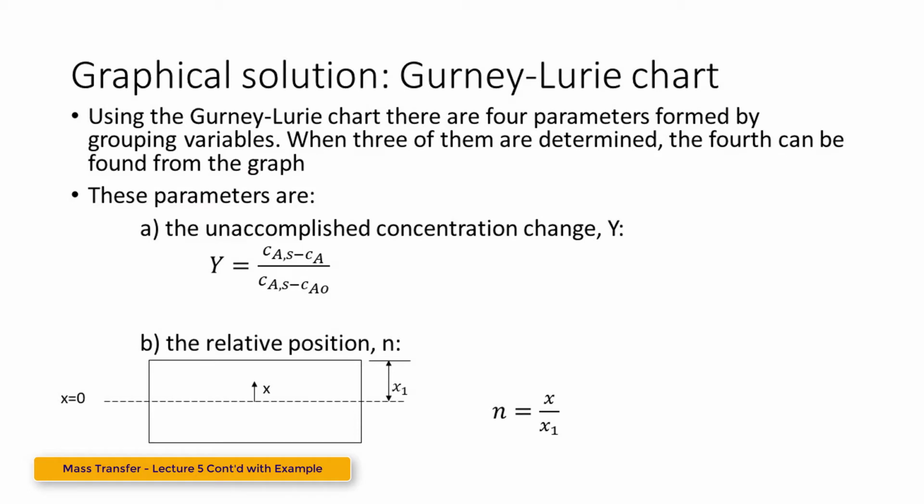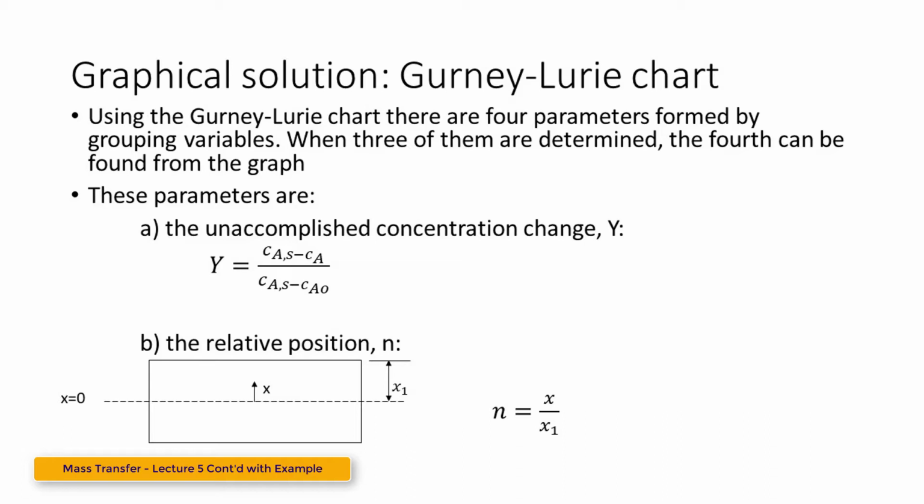Then we also define the relative position. The relative position is defined as n is equal to x over X1, where X1 for the slab is half of the thickness of the slab, because x equal to 0 is defined at the center of the slab.